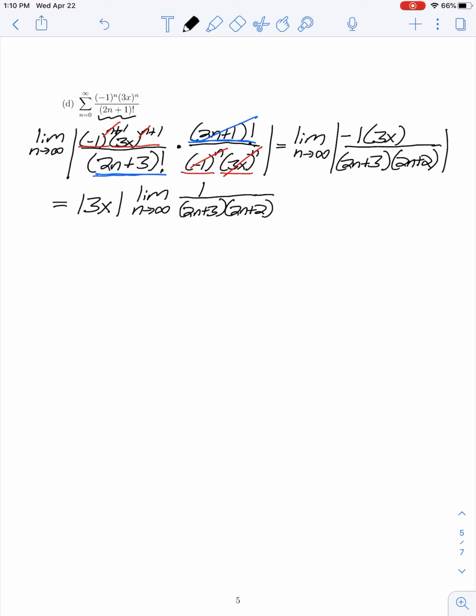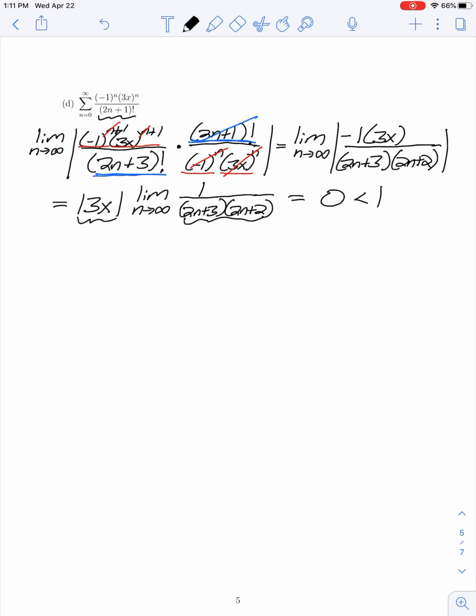So taking this limit as n approaches infinity, well, we see that our denominator grows without bound. So 1 divided by these infinitely large values is a ratio which is shrinking to 0. So this limiting value is 0, which is less than 1.